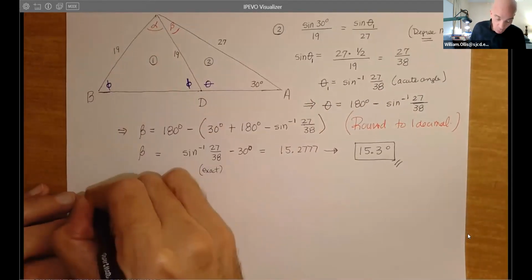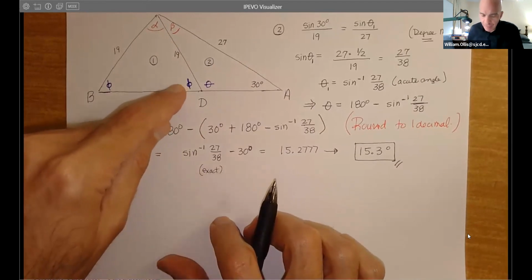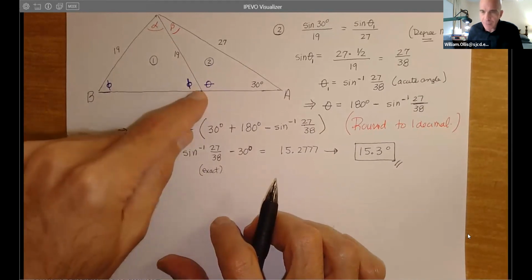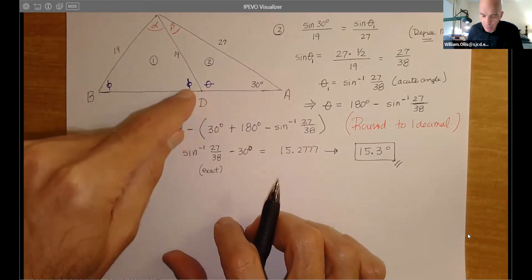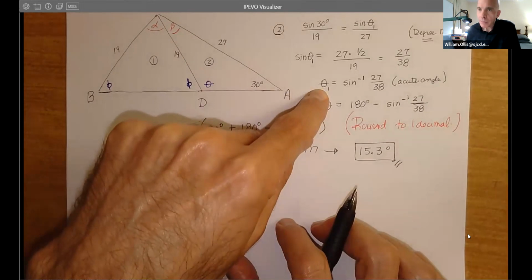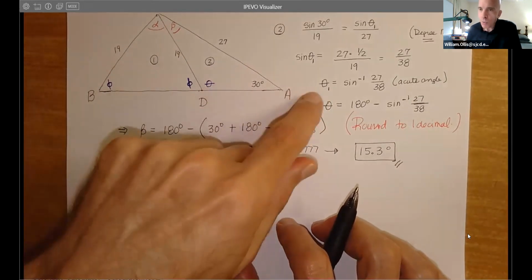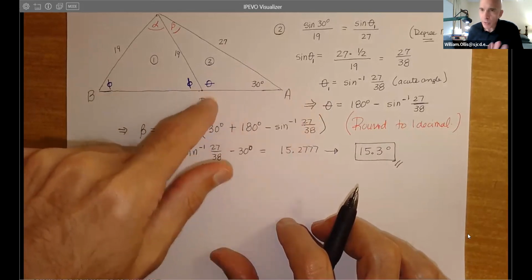So for triangle 1, notice that when we look here, these are supplementary angles. So phi is theta 1. That's a freebie. Phi is theta 1 because these are just supplementary angles. So we're done with that.